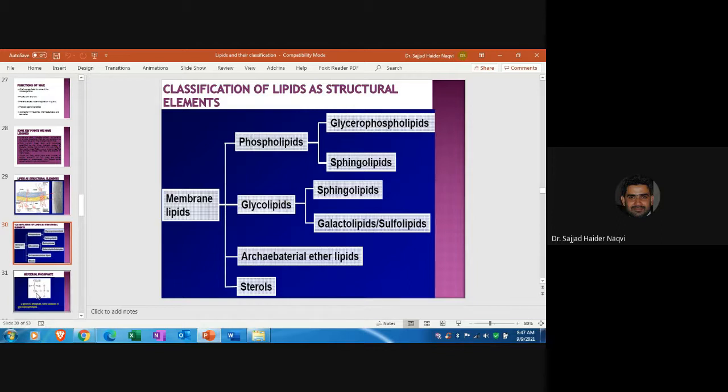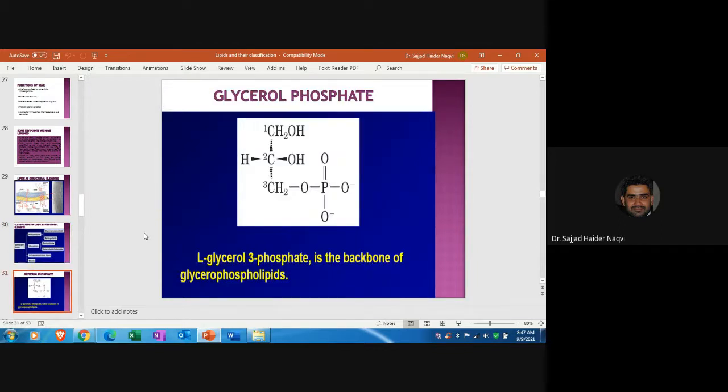So we go into further detail to see this is a molecule of a glycerol phosphate, where you can see that this is a 3 carbon glycerol, which we have discussed before, if you remember, in terms of the triacylglycerol.